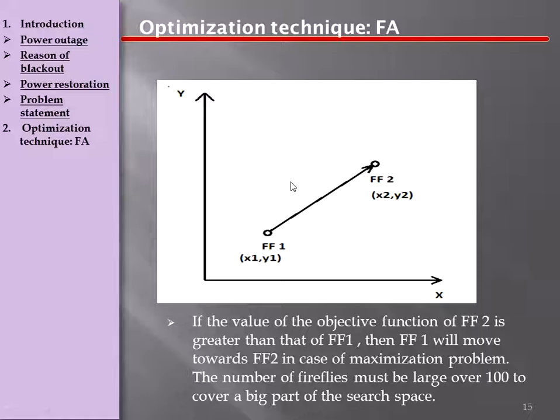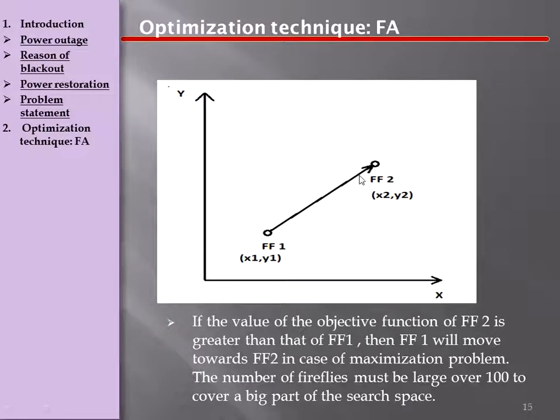In the same case, if we've got a minimization problem, the brighter Firefly will move to the less bright Firefly. This is done by the MATLAB code, and as we said, the brightness of a Firefly will decrease with the increase of the distance between the two Fireflies.